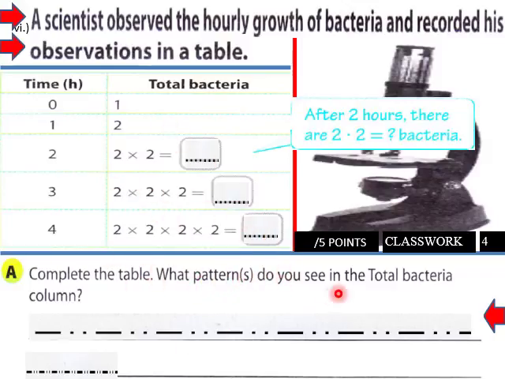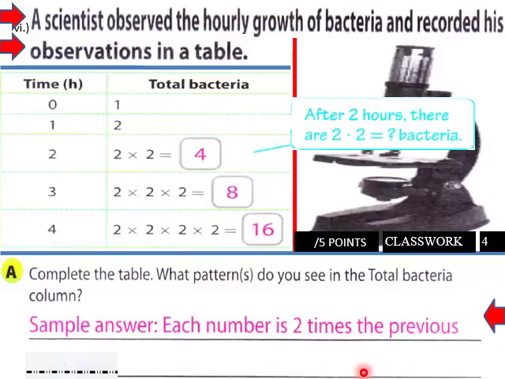Complete the table. That's 4. 2 times 2 times 2 is 8. 2 times 2 times 2 times 2 is 16. What patterns do you see in the total bacteria column? Each number is 2 times the previous number.